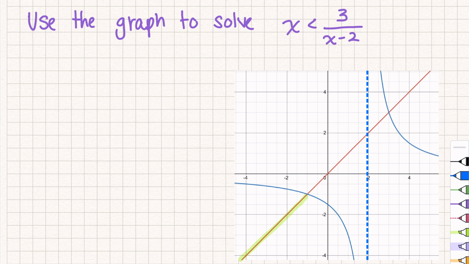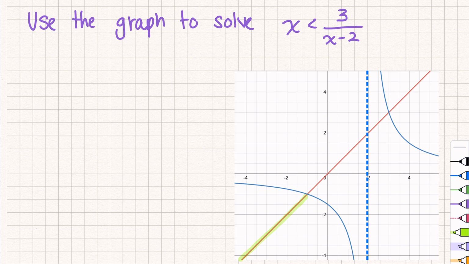Now we have an asymptote there. When we have our asymptote, we know that this function is going to continue to increase on this side and continue to decrease on this side. So are there any other intervals where you see that y equals x is lower than the blue function?